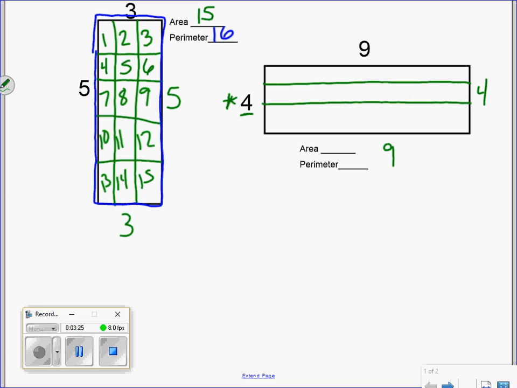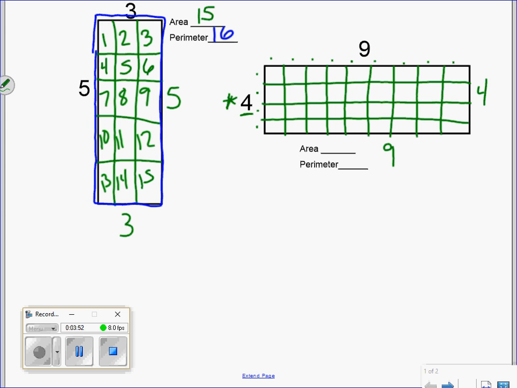And I'm going to double check to make sure I have my 4 rows. 1, 2, 3, 4, and I do. Now I'm going to have 9 columns here. 1, 2, 3, 4, 5, 6, 7, 8, and then 9. All right, I'm going to count to make sure I have my 9 columns. 1, 2, 3, 4, 5, 6, 7, 8, 9.